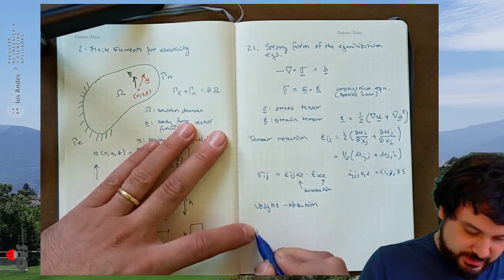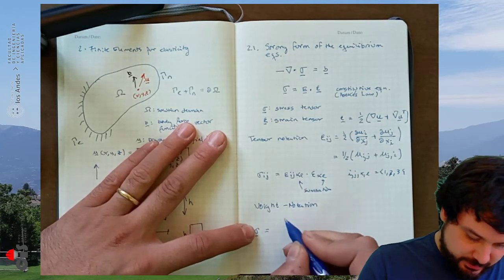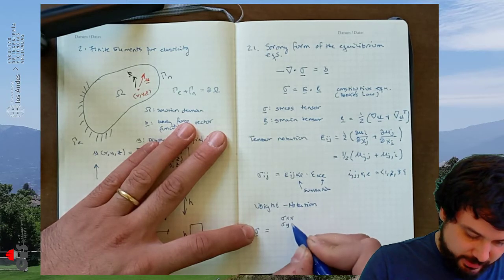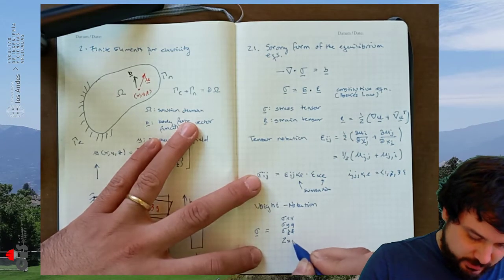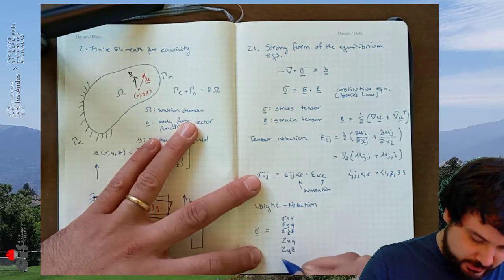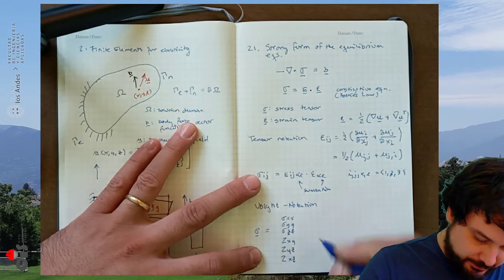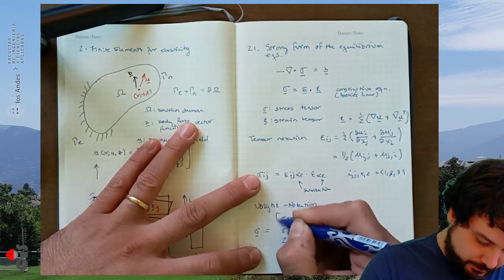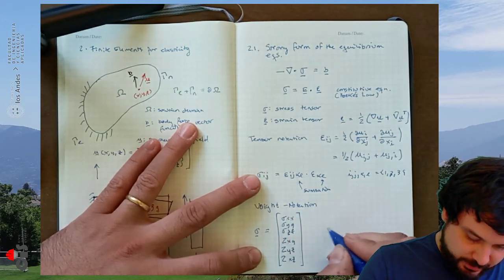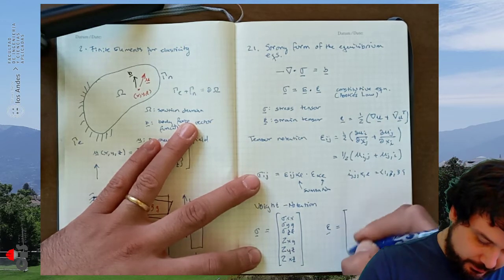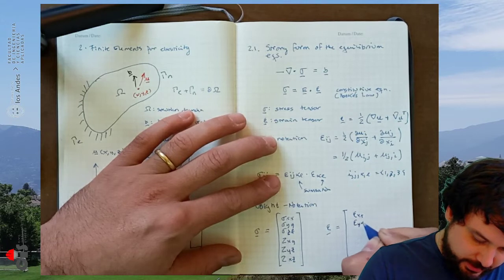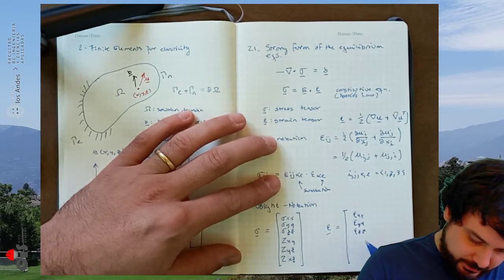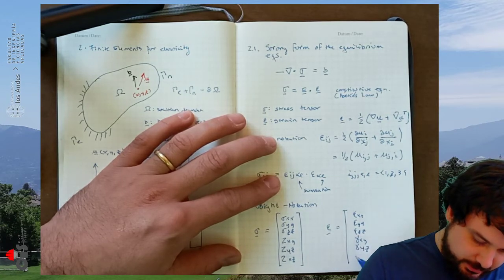So we'll say sigma is the vector sigma xx, sigma yy, sigma zz, and tau xy, tau yz, tau xz. And the same for the strain tensor: epsilon xx, epsilon yy, epsilon zz, gamma xy, gamma yz, gamma xz.